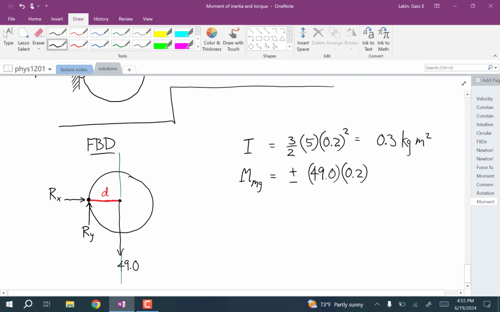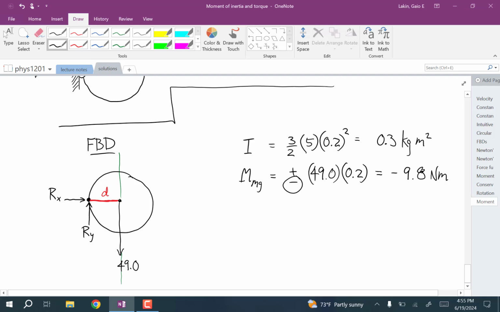And then we have to think, given this hinge location and this force location, which way will this body rotate? It'll rotate clockwise. And so we want the negative. And so this comes out to be negative 9.8 Newton meters.